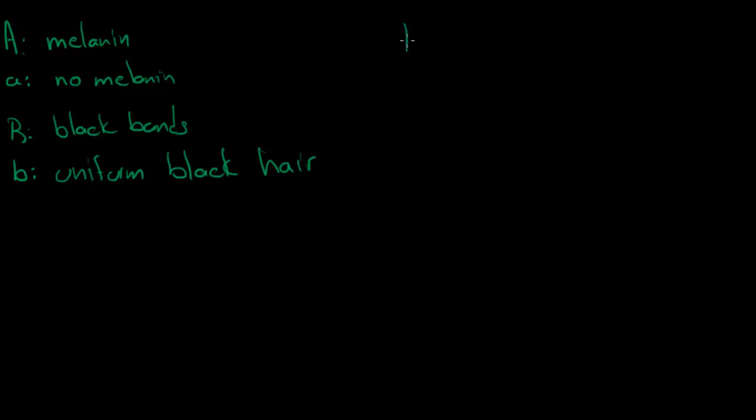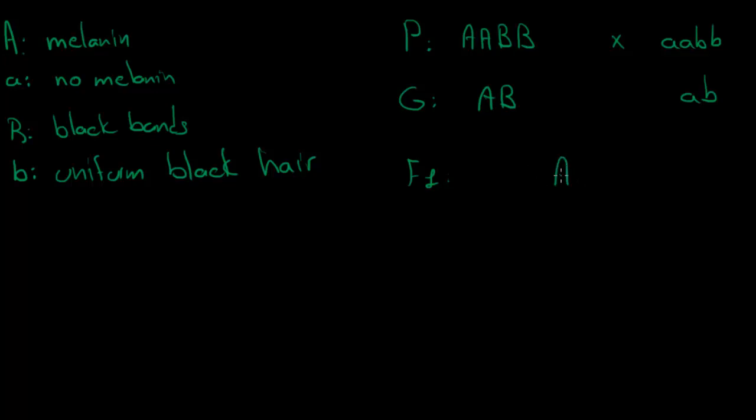Let's say that the parents have this genotype AABB, and the other parent is aabb. Now the gametes here will be AB, the gametes here will be ab, so these are the gametes. So the F1 generation is going to have this genotype AaBb.